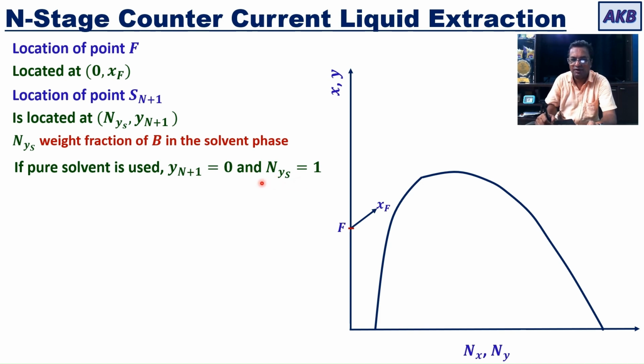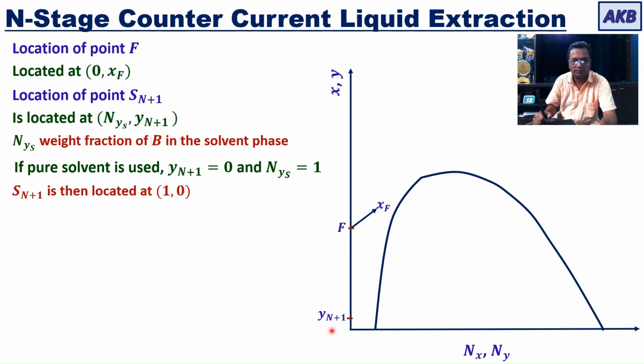That is, nys will be equal to 1. So in that case, S will be located at a point which has coordinates 1, 0, because it is just B. There is no C in it for pure solvent, therefore ys is 0. So the coordinate of the point Sn plus 1, in this case, will be 1, 0. Point S is located.